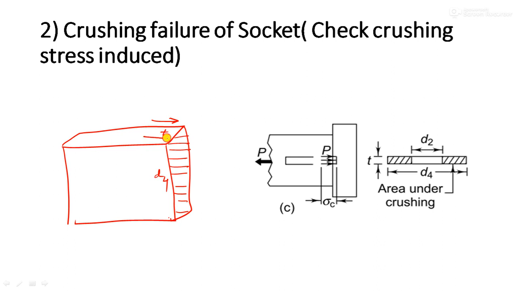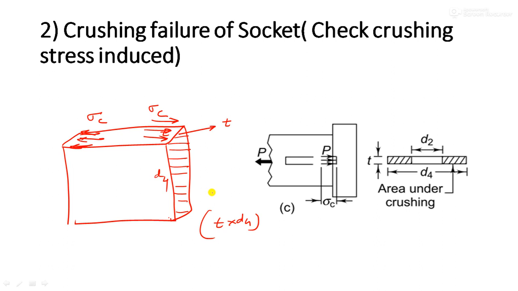Look from the top, on both sides you can consider. Sigma C and sigma C. So this area T multiplied by D4 will be the crushing stresses acting on the socket end.